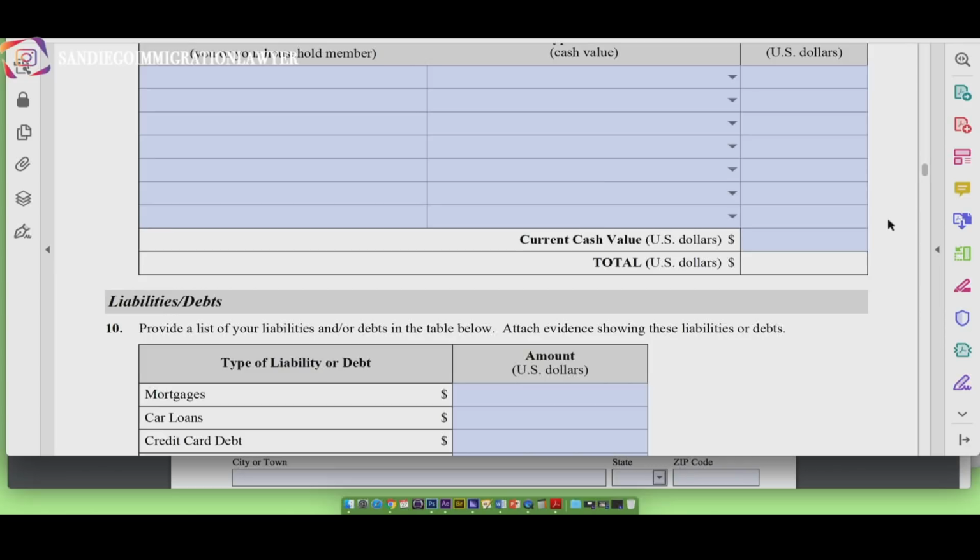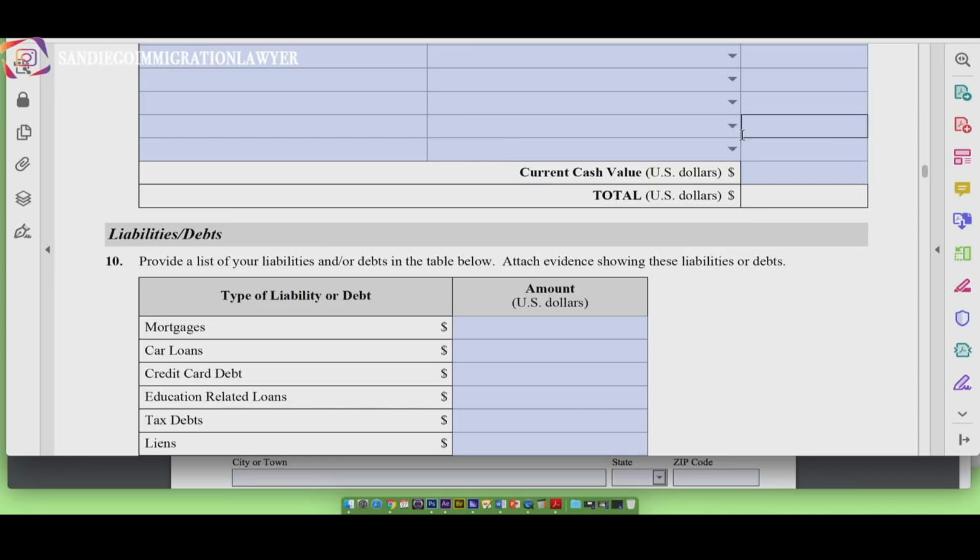And you do want to follow those poverty guidelines. The instructions for the I-864 and also the instructions for the I-944 will tell you how much of these assets can be counted towards the poverty guidelines and the public charge rule.